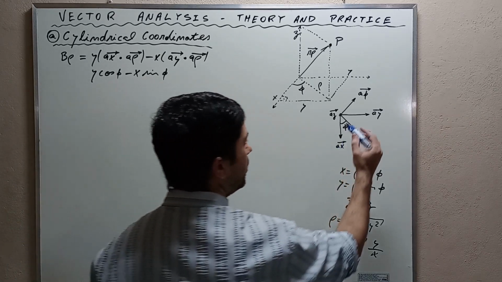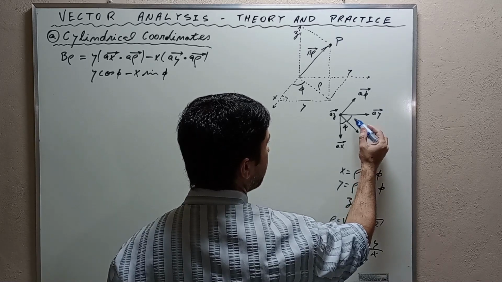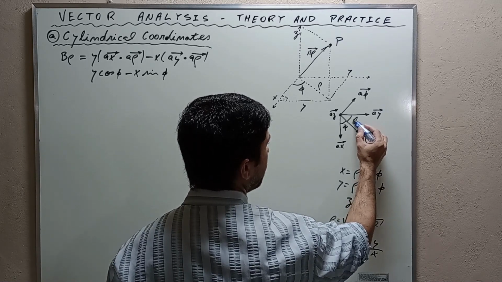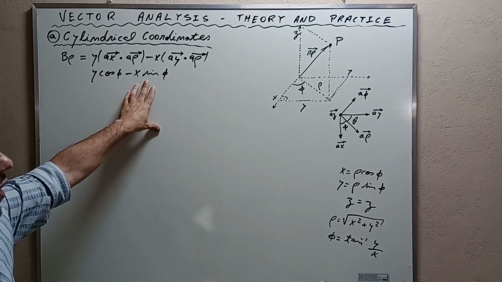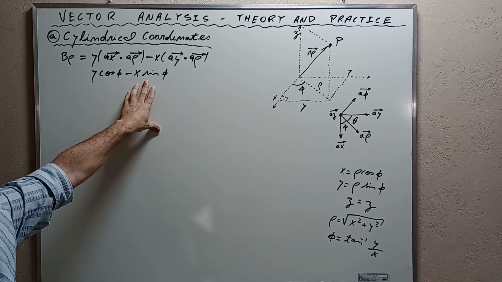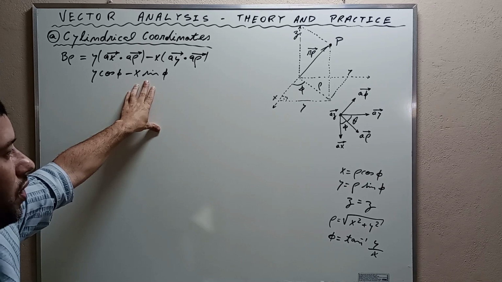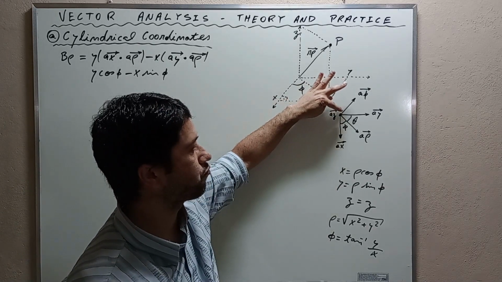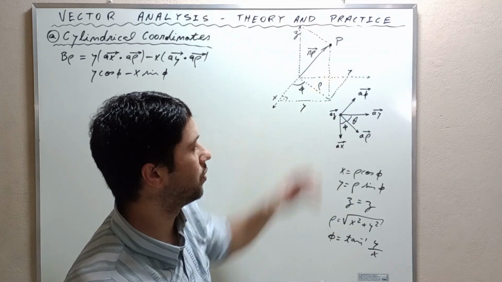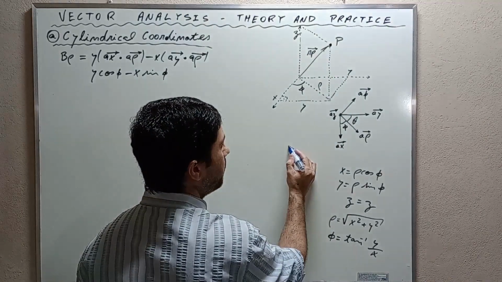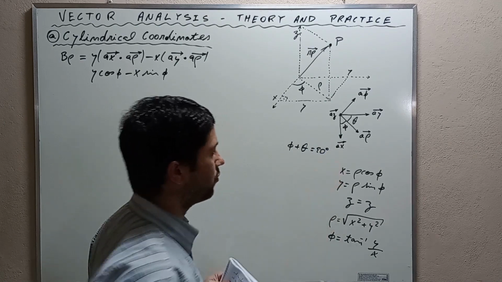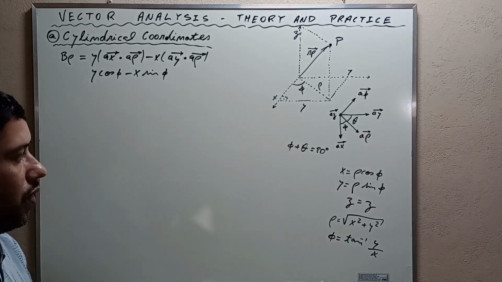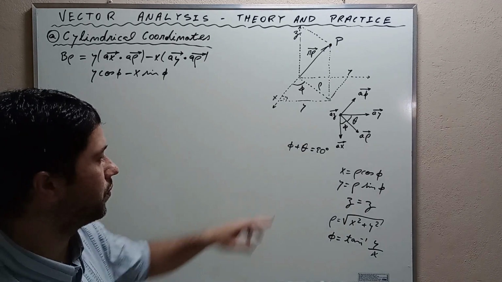Because this angle here, theta, the cosine of theta is equal to the sine of phi. Okay, remember, see here, phi plus theta is equal to 90 degrees. What does it mean? What is the property that we can use?